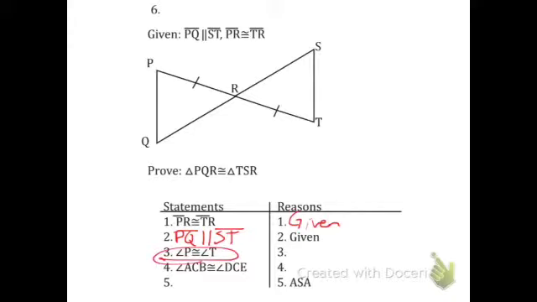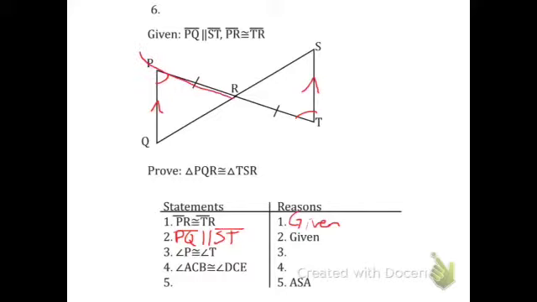Angle P is congruent to angle T, so that's this guy and this guy. And the reason for that comes from this statement here. If you know PQ, that's this line, is parallel with that one, we can put a little symbol here to show. Those arrows mean those lines are parallel.